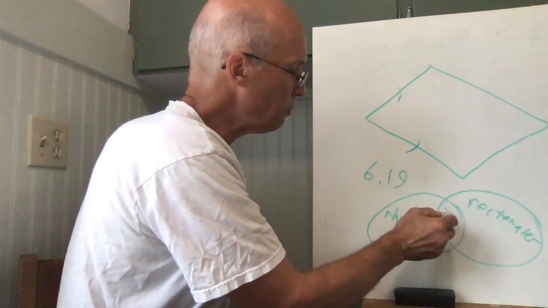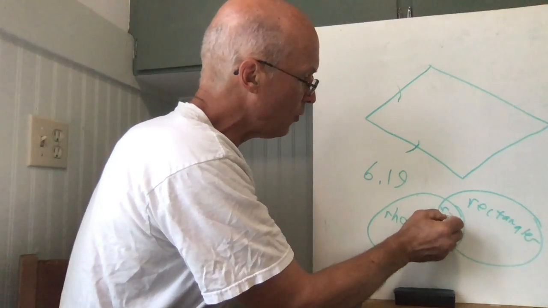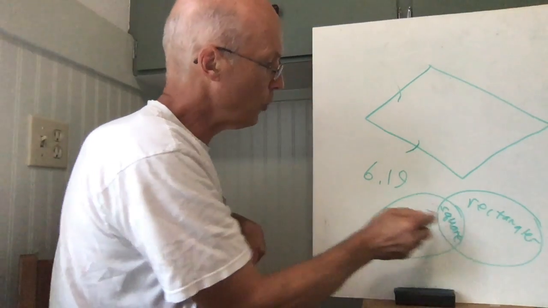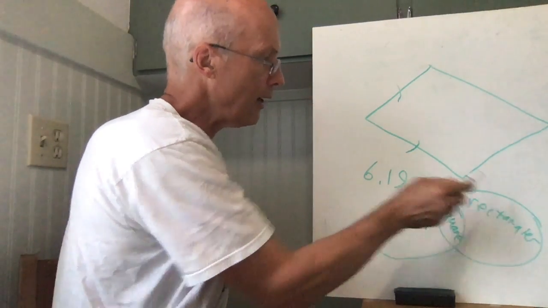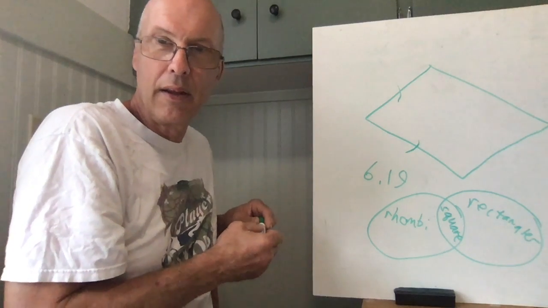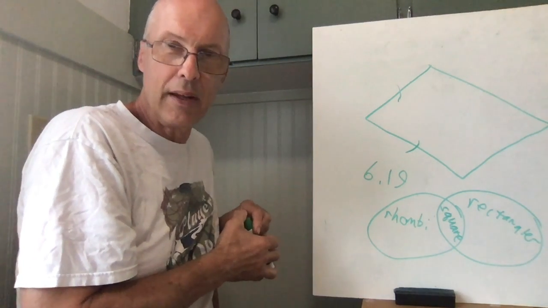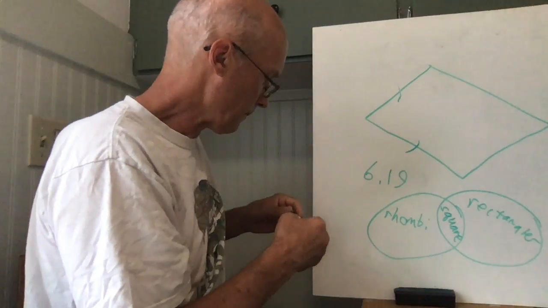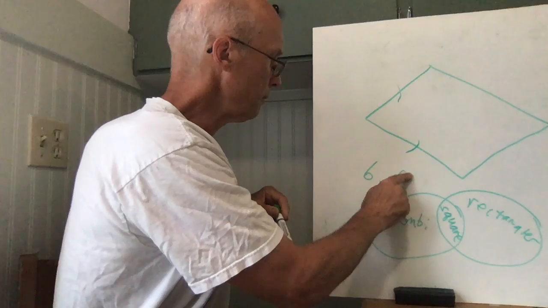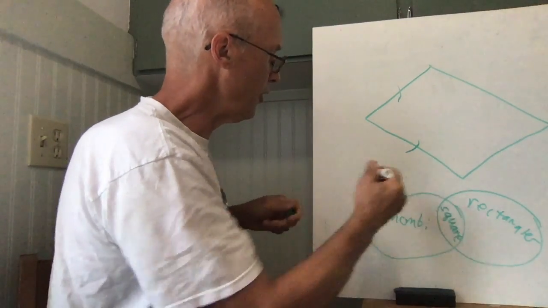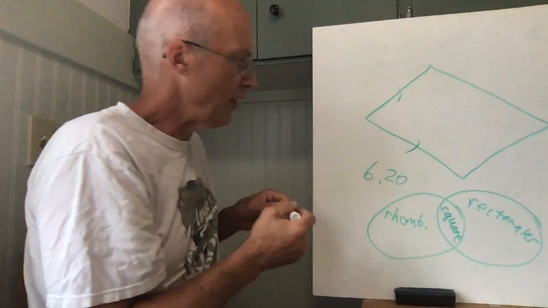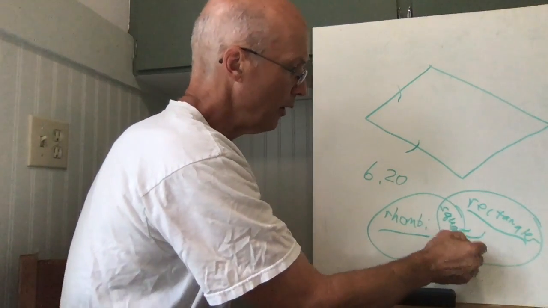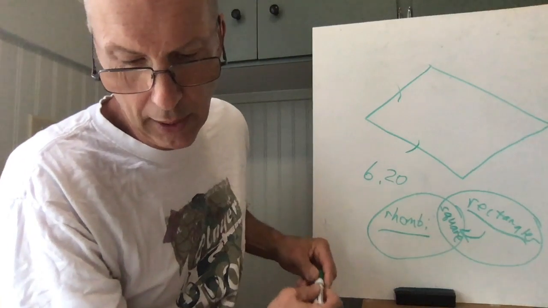And then in here, you have a square. A square is both a rhombus and a rectangle. Does that make sense? It has properties of both things. So 6-20 is just a theorem that says if something is a rhombus and it's a rectangle, then it's a square.